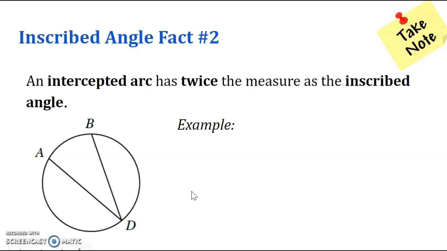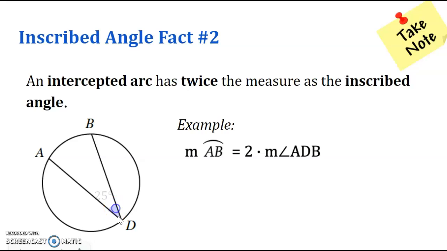Fact number 2: the intercepted arc has twice the measure of the inscribed angle. For example, whatever the measure of arc AB is, that's equal to 2 times the measure of angle ADB.